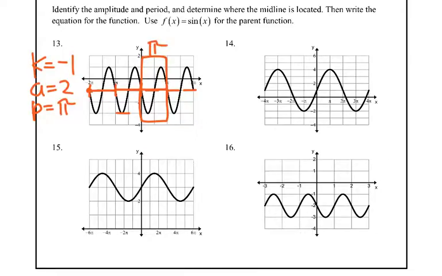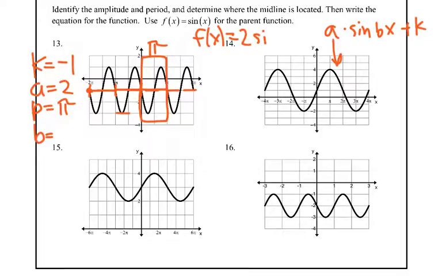So we need to figure out what our b is to make the equation. Because the equation is a times sine of bx plus k. A is easy to replace. It's 2. So f of x equals 2 times the sine of, not pi. We have to go 2 pi divided by b is equal to our period.